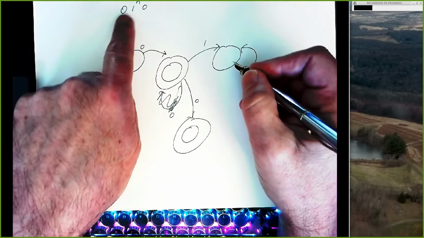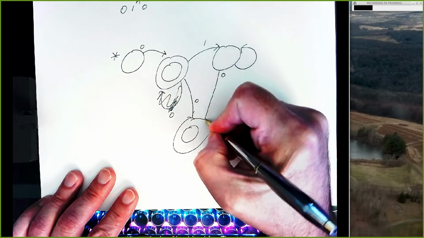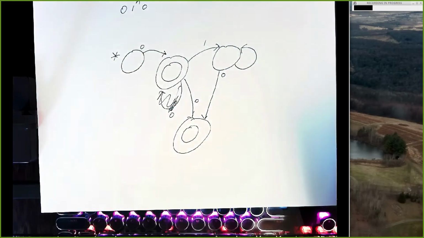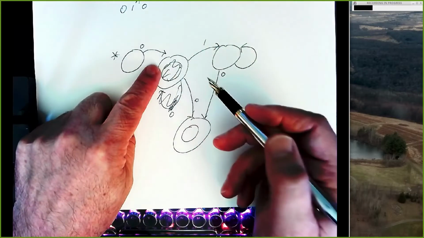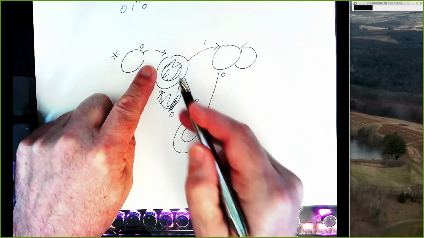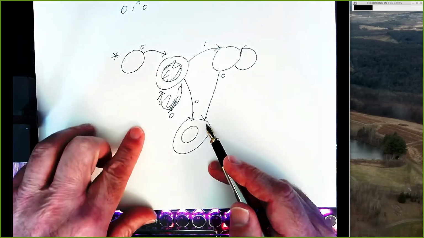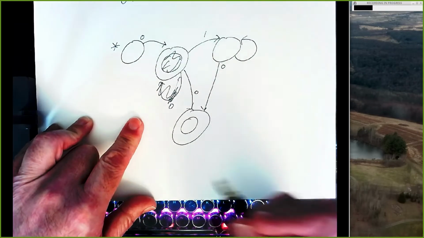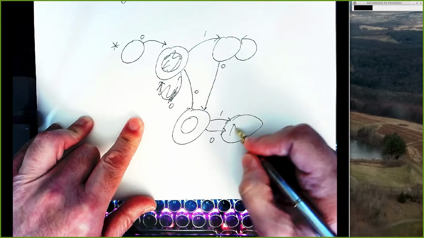And so this will eat up 1 to the n, and then if we have a 0, that'll take us down to a recognized state. This is not recognized. So there's a 0 and a 0, that's recognized. A 0, 1, 0 is recognized. A 0 followed by a bunch of 1s followed by a 0 is recognized. And what do we do over here? Maybe we would say if you have a 1 or a 0, we'll go to some bad state.